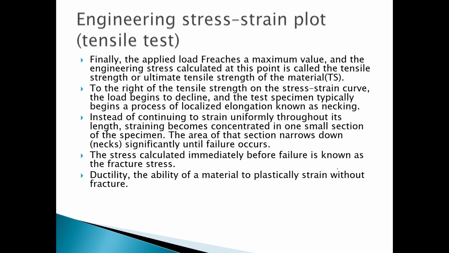Instead of continuing to strain uniformly throughout its length, straining becomes concentrated in a small section of the specimen. The area of that section narrows down significantly until failure occurs. The stress calculated immediately before failure is known as fracture stress. So ductility is the ability of material to plastically strain without fracture.